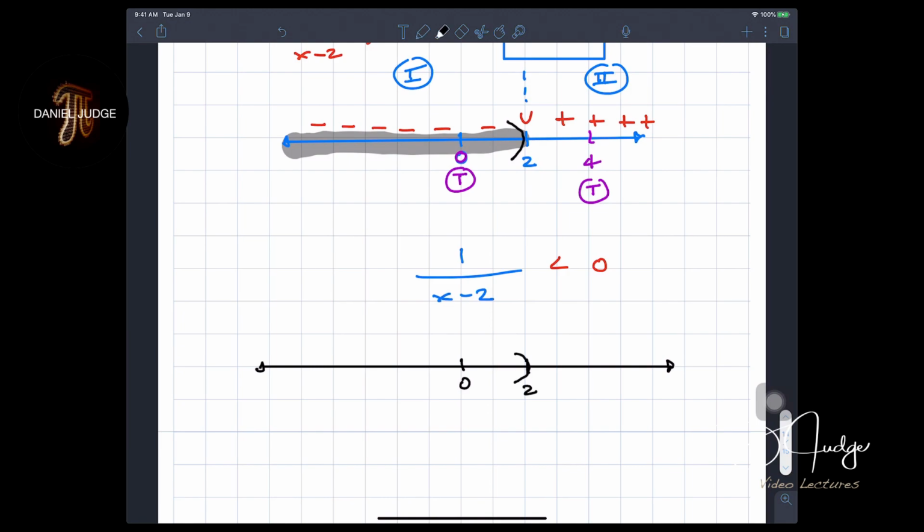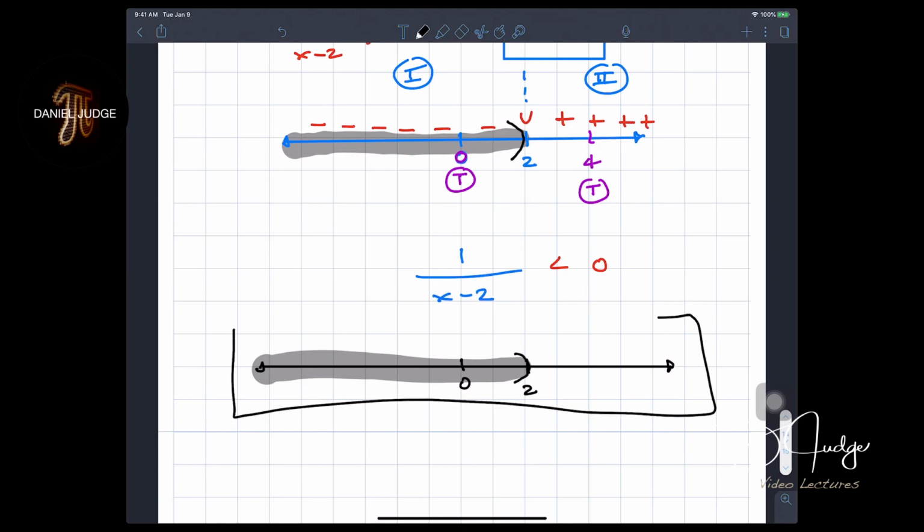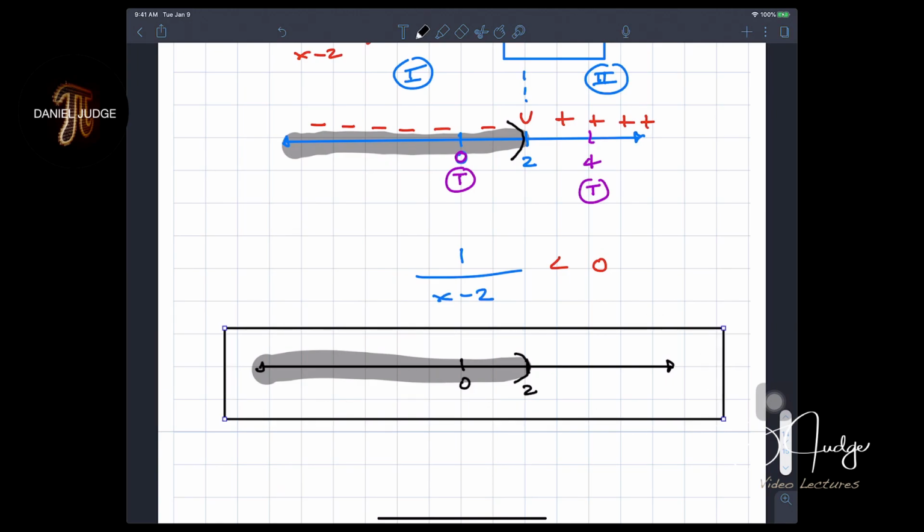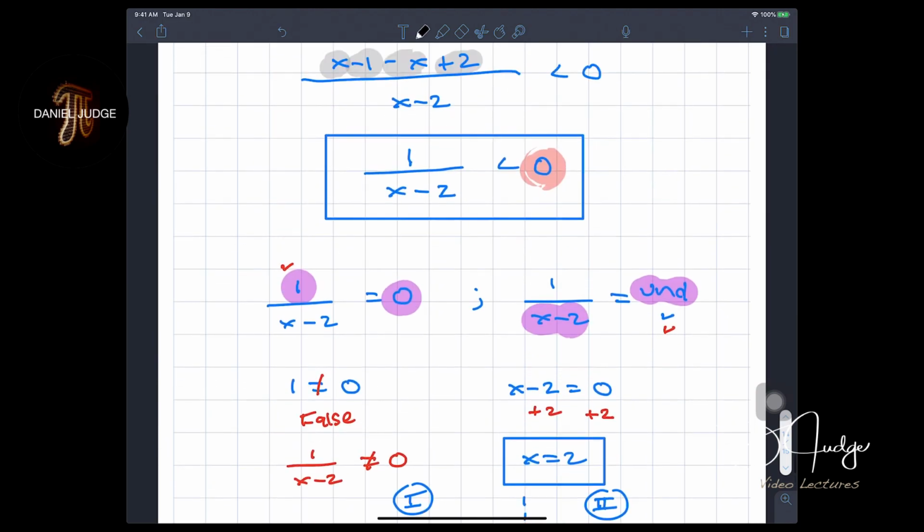We're going to sketch this. I'm going to shade all the numbers to the left of 2. And so, ladies and gentlemen, here's the graph of this first problem. And there you go. So that's a good one. Okay, so there we go.